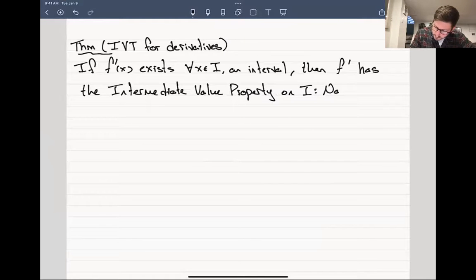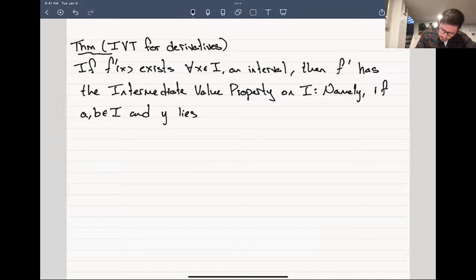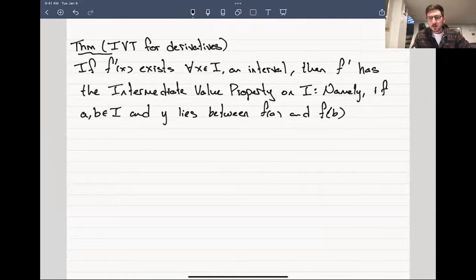So what this really means is that, namely, if a and b belong to this interval, and y lies between f prime of a and f prime of b, right? This is the intermediate value theorem for derivatives. I forgot the prime.